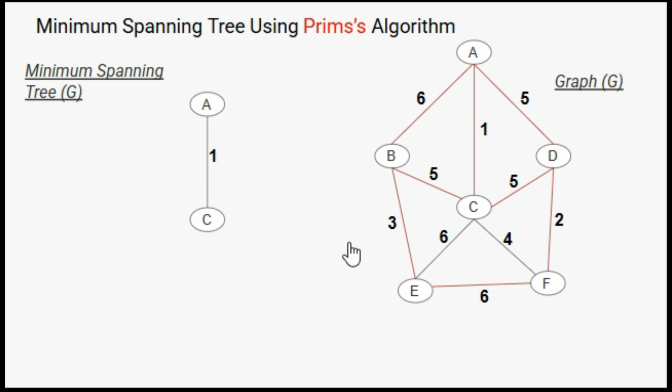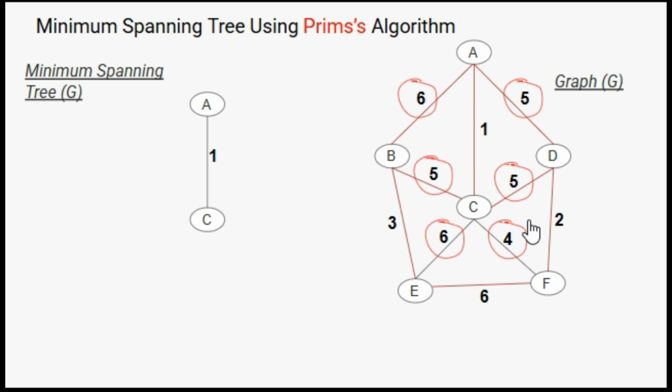The next thing is we need to look at all the edges that are connected to either A or C. The choice of A to C has already been made. Now we need to look at A to B and A to D, which cost me 6 and 5, and all the edges that are connected to C.